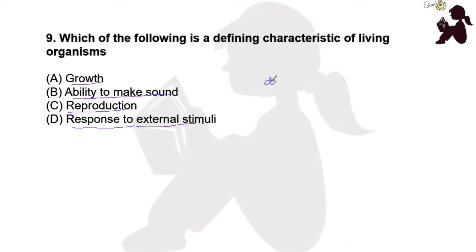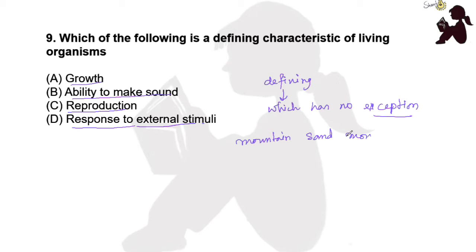So defining features are those which have no exception. So here we know that growth is not a defining feature of life because mountains and sand mounds also grow, but they are not living.